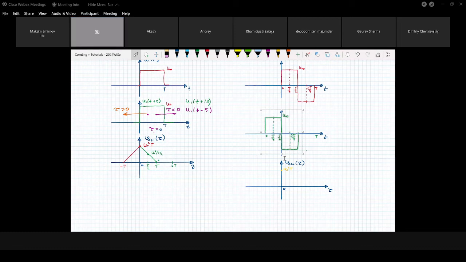Minus. Because if you look at this situation, you see that we have overlap only between the positive rectangular pulse and the second negative part. And then when we multiply amplitudes, we get minus u0 squared times the duration of each half. It will be times t over 2.